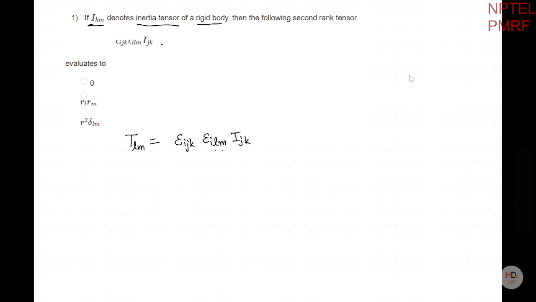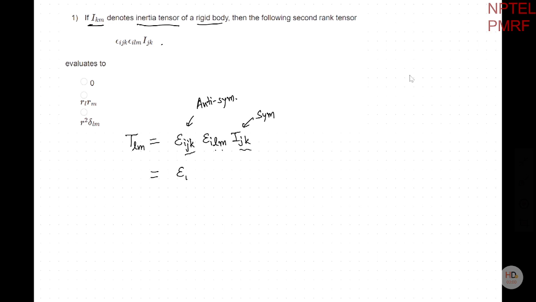Okay. Another thing that we notice is that this jk and this jk are similar, but one of the pairs appears in this symmetric tensor, right? Inertia tensor is symmetric, and this is anti-symmetric. So we can change j and k.